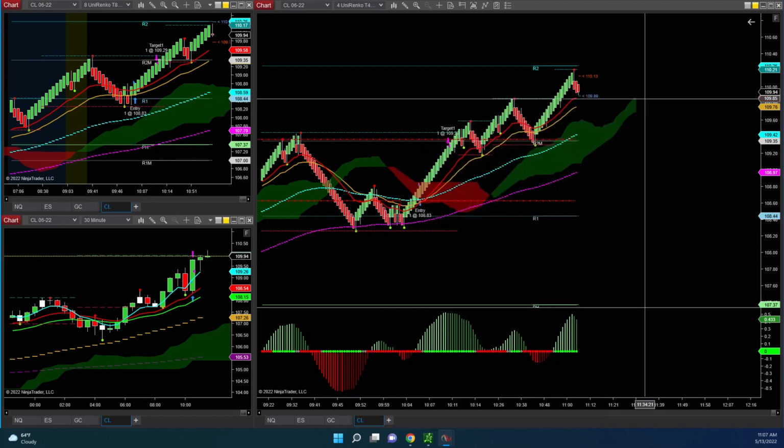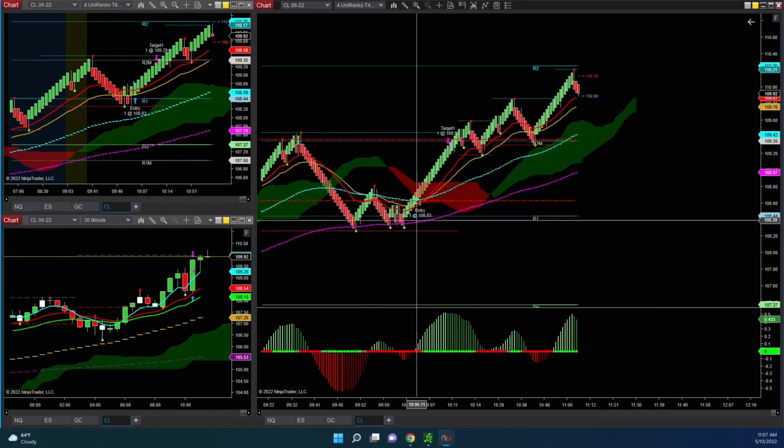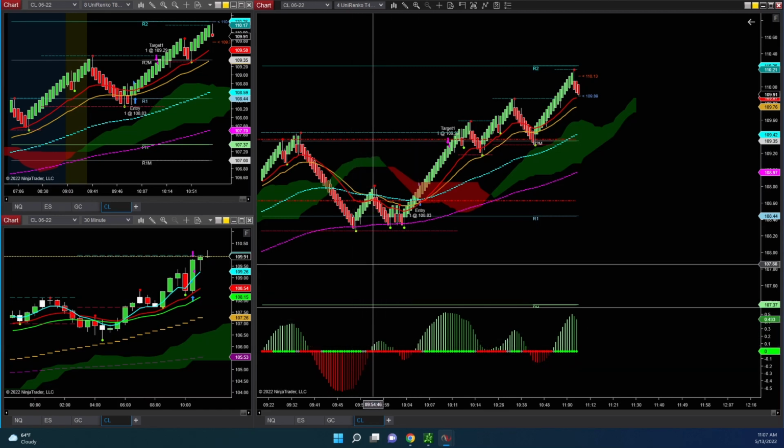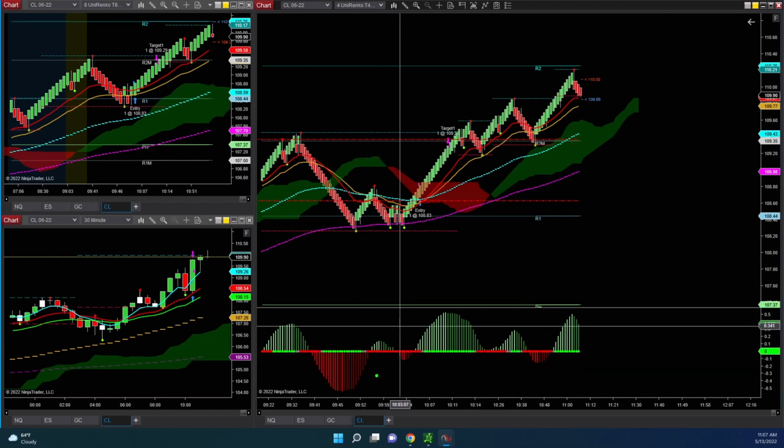This one here was consolidating in this area right here. You do have the squeeze that is happening, and then it triggered to the upside, and I took advantage of this momentum as well.